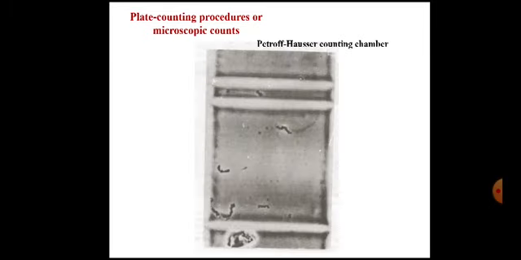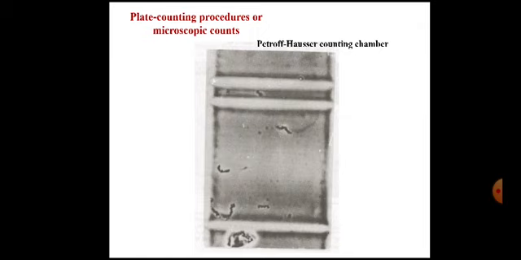Another procedure for measuring the microbial cells or microbial number is plate counting procedures or microscopic counts. For the counting of cells, there may be use of counting chambers.